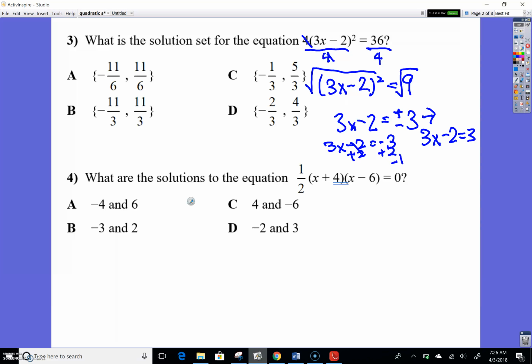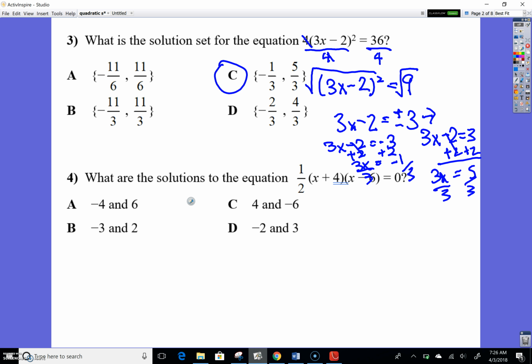Then 3x equals negative 1, divide by 3, and my first answer is negative 1 over 3. So it looks like C right now. Just to make sure, plus 2, that's 5, cancel. 3x is equal to 5, divide by 3, and we get 5 over 3.